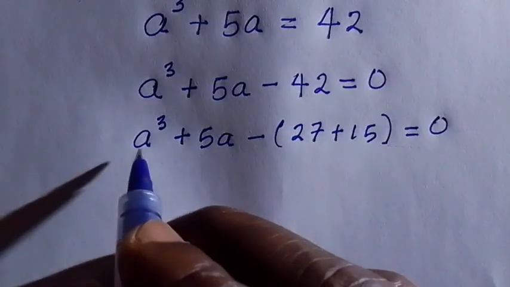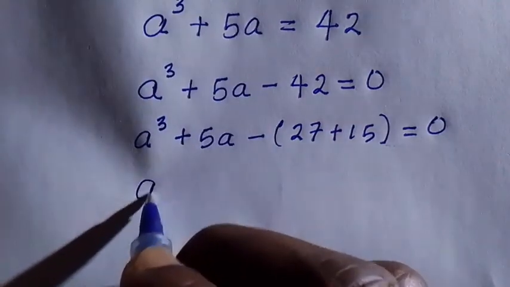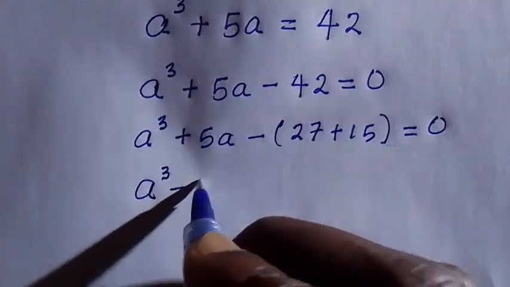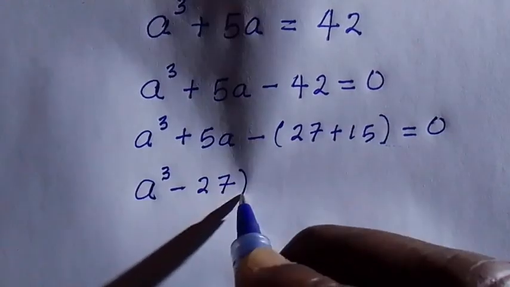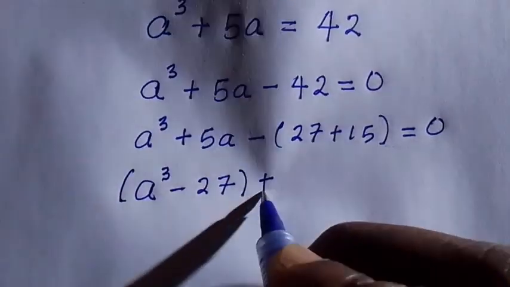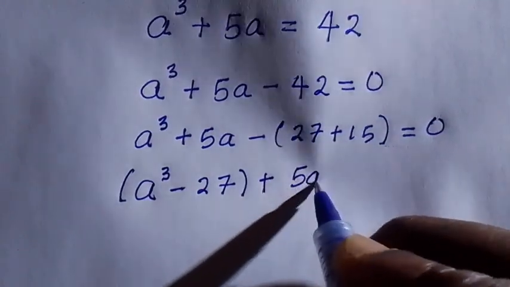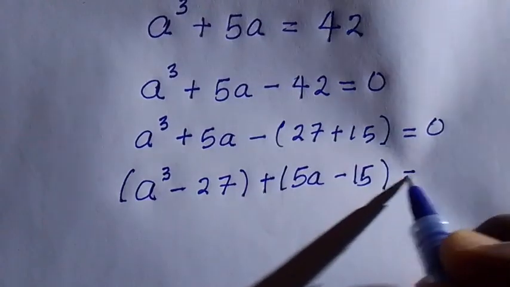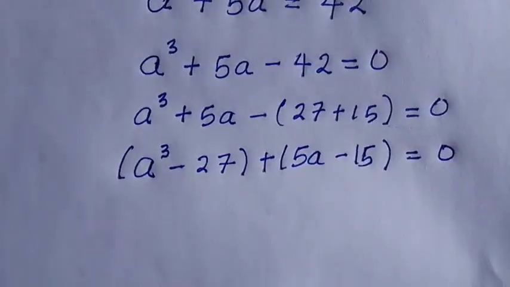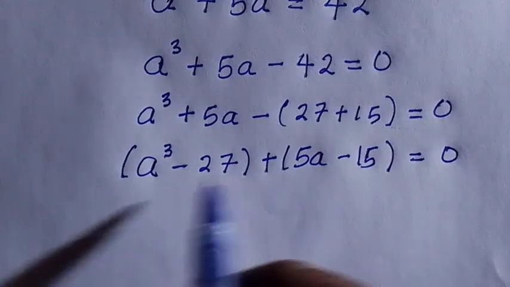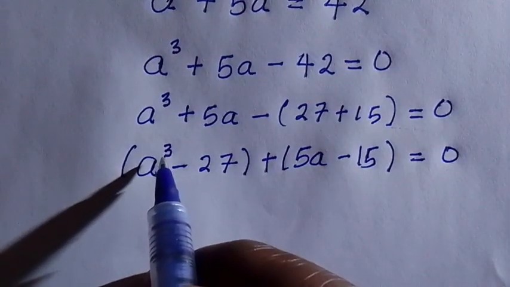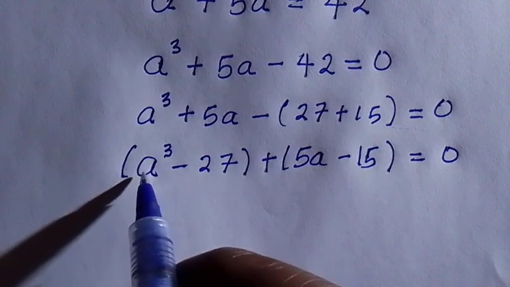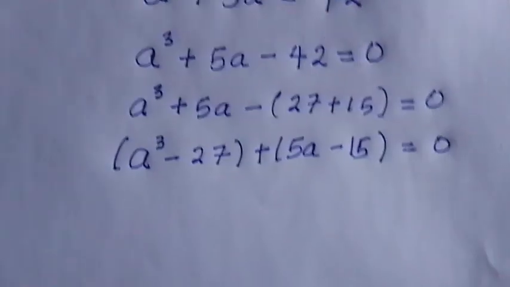As we open the parentheses and combine it, we have a to the power of 3 minus 27, in parentheses, plus 5a minus 15, all in parentheses, equals 0. What I did here is I combined this based on the corresponding power of the base.